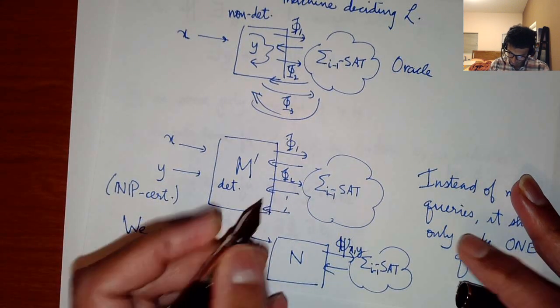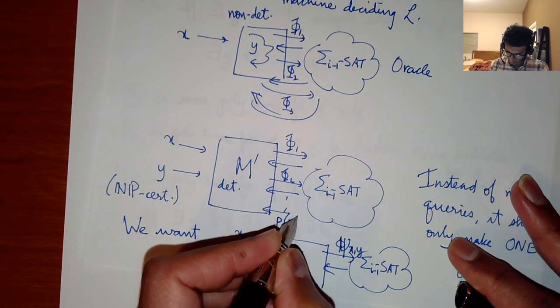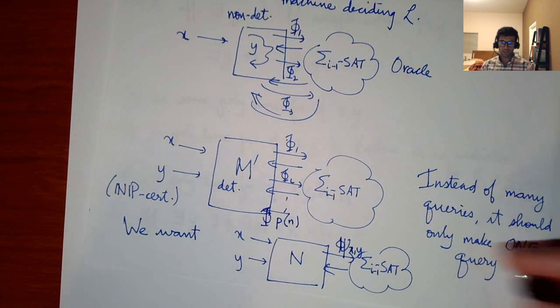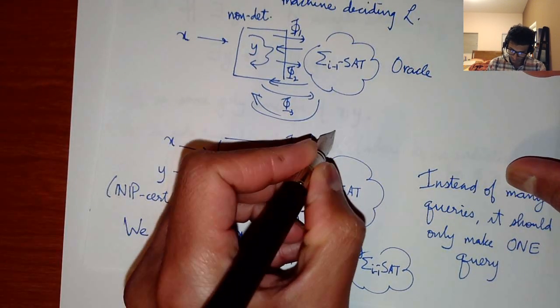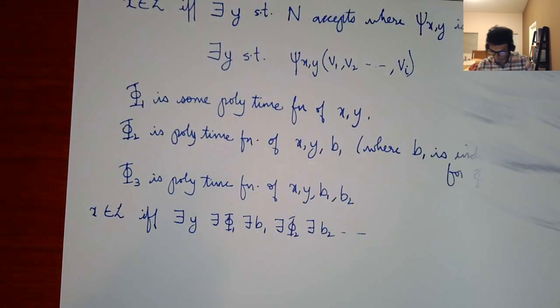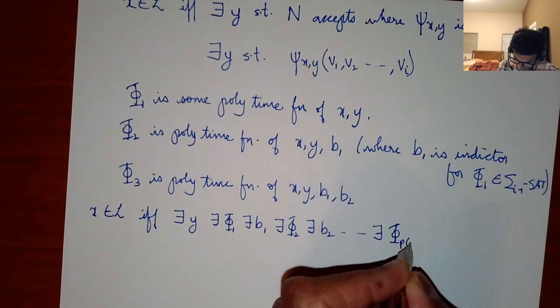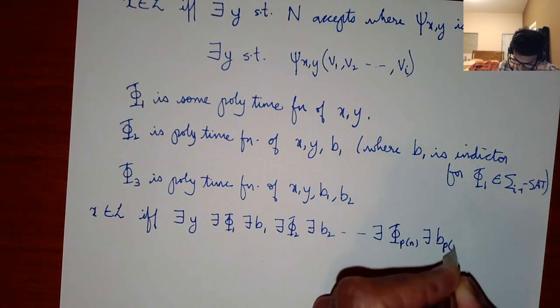So this makes, let's say, at most p of n calls. There are p of n of these, so up to phi p of n, b of p of n.